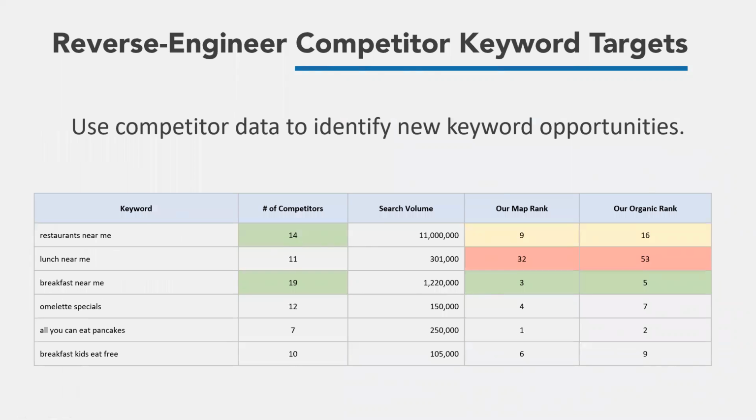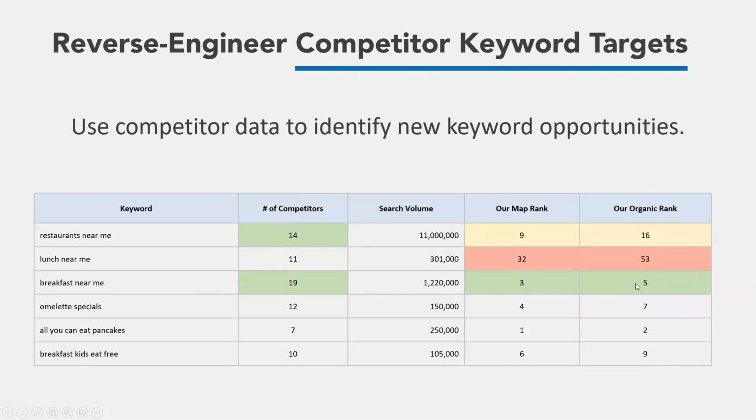Just go to Insert and click Pivot Table and build a column for frequency. So in this case, when we looked at close to 30 competitors or some high number like that, we found that 19 of those competitors are receiving traffic from breakfast near me. And from that, we could see what our current average map rank was, and what our organic rank was, and see that there's an opportunity here.